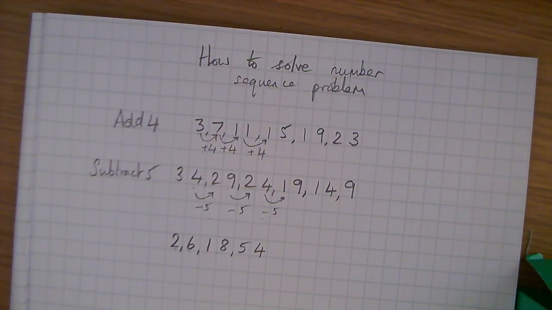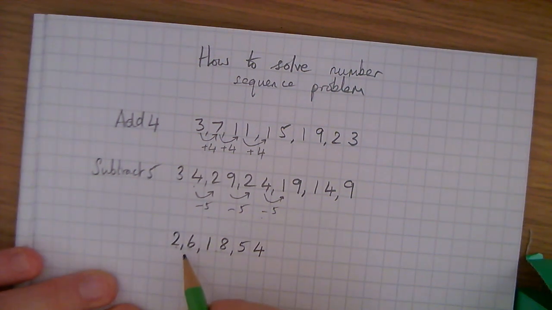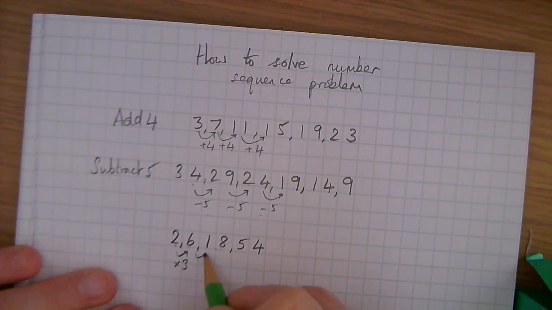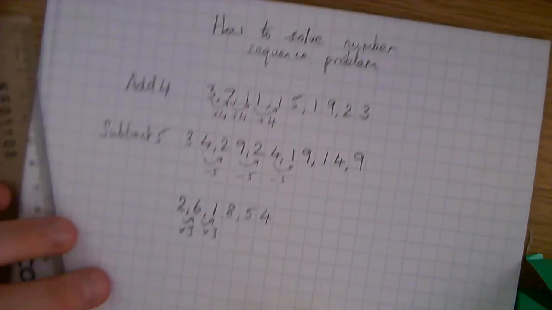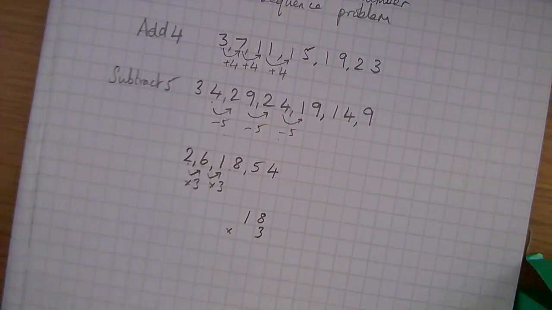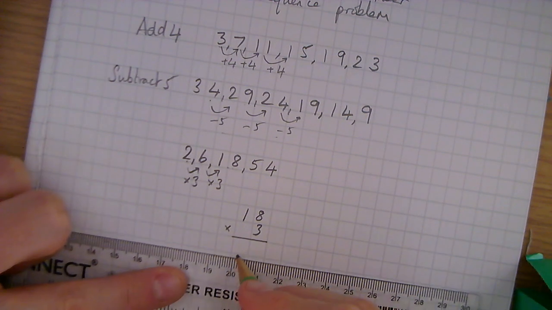Let's try multiply. So what could we multiply 2 by? We could try 2. 2 times 2 is 4. Well, that doesn't work. So then we could try 3. And 2 times 3 is 6. 6 times 3 is 18. Now I don't know what 18 times 3 is, so I'm going to do 18 times 3 here, and I'm going to hope it's 54.